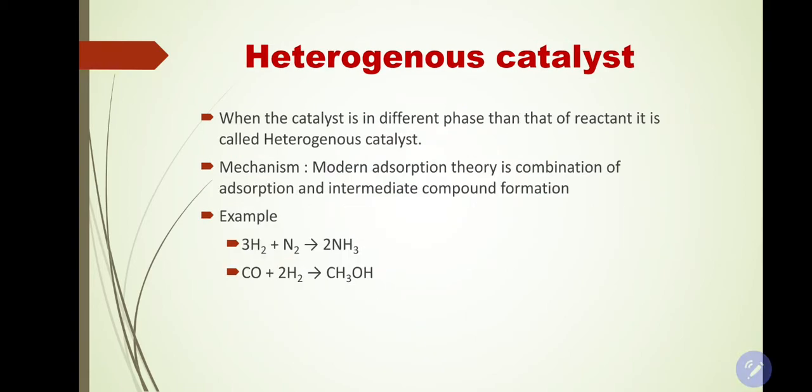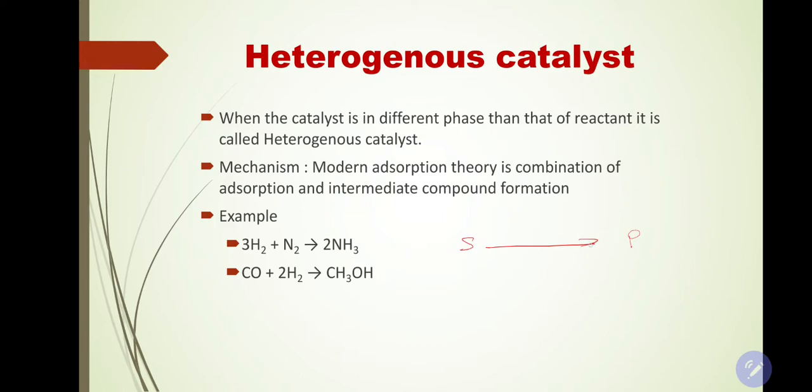Now what is heterogeneous catalysis? Heterogeneous catalysis is that in which the phases of the reactant and the catalyst differ. Such catalysts are known as heterogeneous catalysts. For example, you can take the reactant as solid, and you can take the catalyst as liquid, gaseous or anything else, and your product may be different or may be the same.